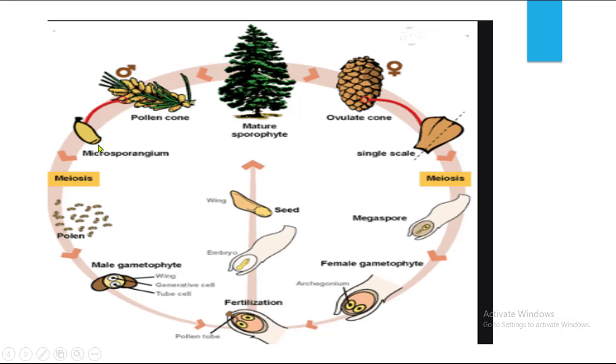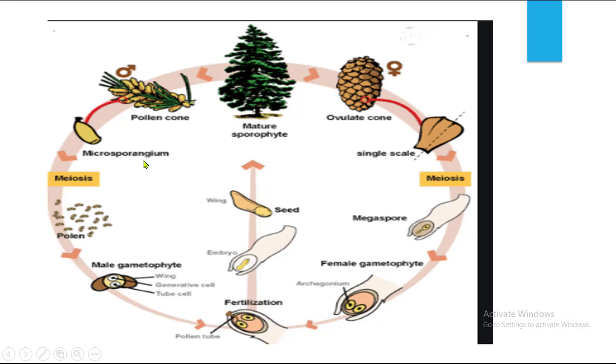This pollen cone consists of scales which are known as microsporangium. These microsporangium have cells which undergo meiosis. Till this part it was diploid generation, having the complete set of chromosomes.